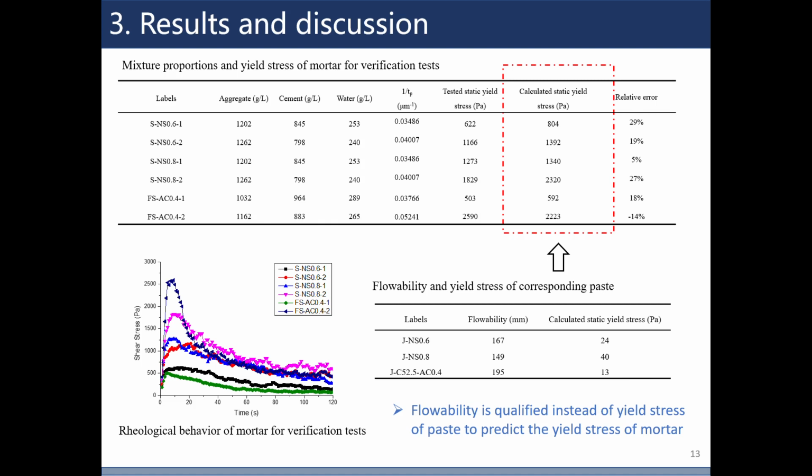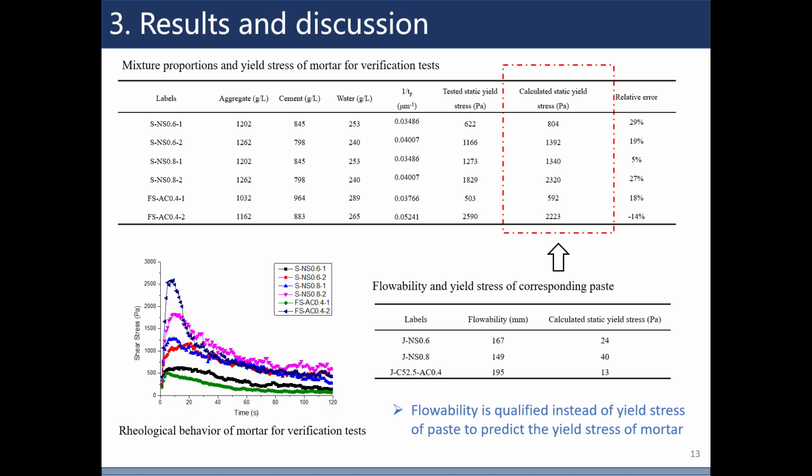The relative error between the tested and calculated yield stress of mortar is less than 13%. The results indicate flowability is applicable to be used instead of yield stress of paste to predict the yield stress of mortar.